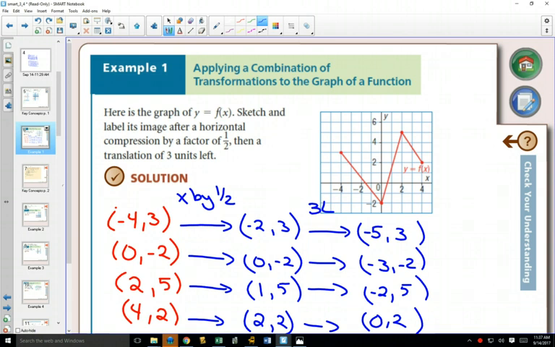We can now plot those points. So -5, 3, -3, -2, -2, 5, and 0, 2. So it's been compressed horizontally and then moved 3 to the left.